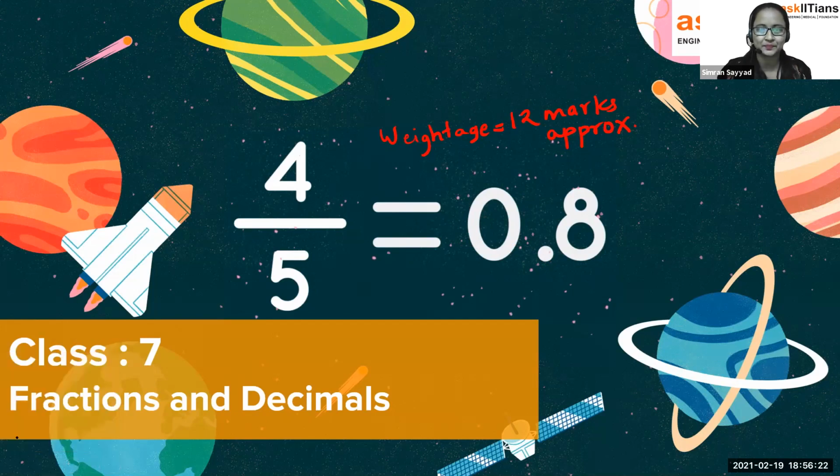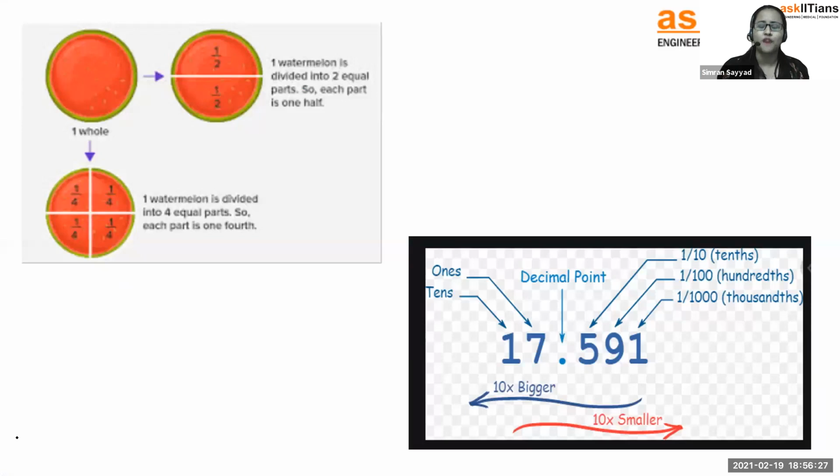Now, let us elaborate the concept of fractions and decimals more. You can see a watermelon, a whole watermelon. Students, keep in your mind, a fraction is a part of a whole. If you make some parts in a whole, that is a fraction.